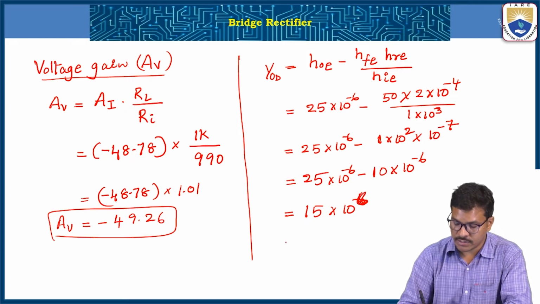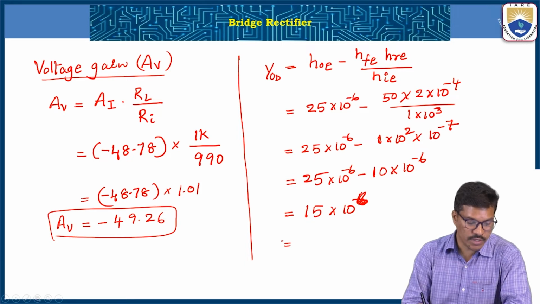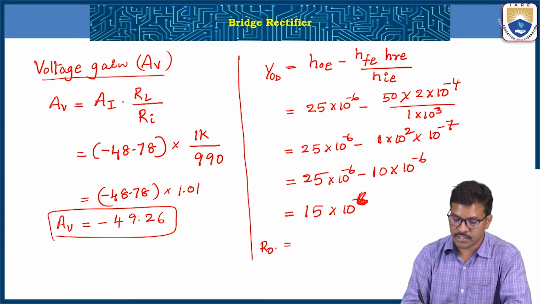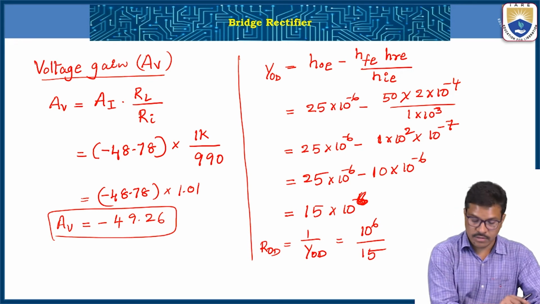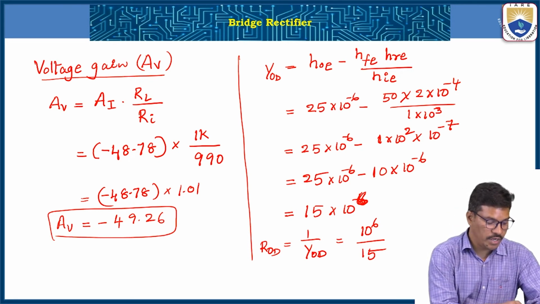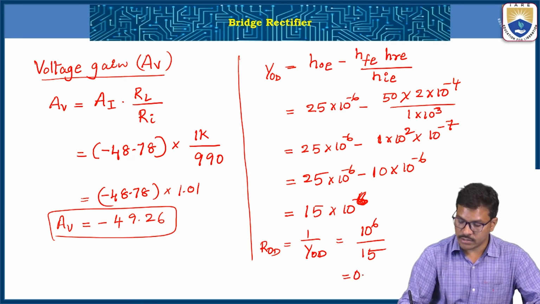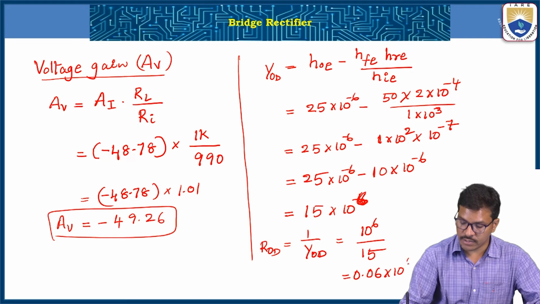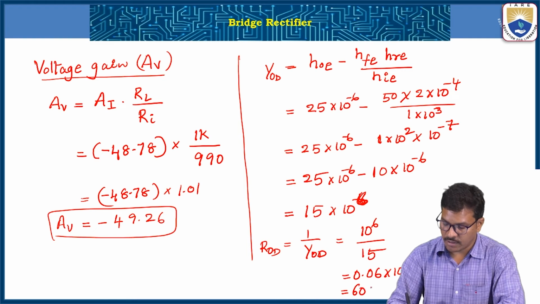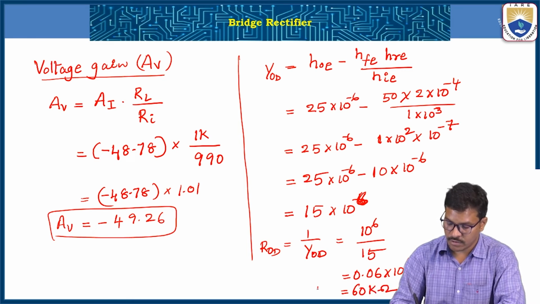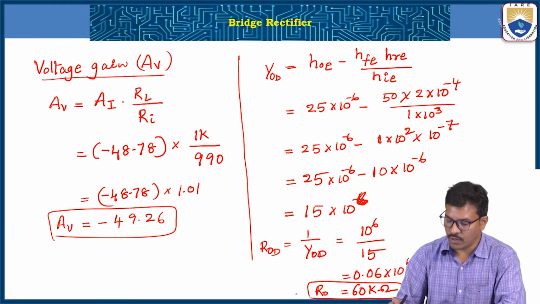The output impedance of the device is 1 by admittance, so 10 to the power of 6 divided by 15, which is 0.06 into 10 to the power of 6. So the output impedance is 60 kilo ohm.